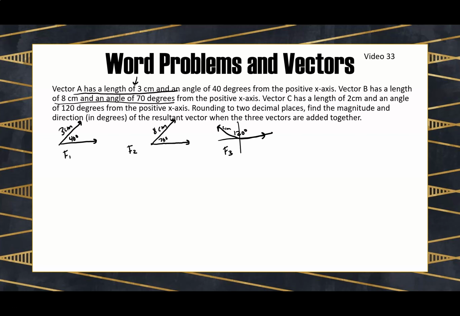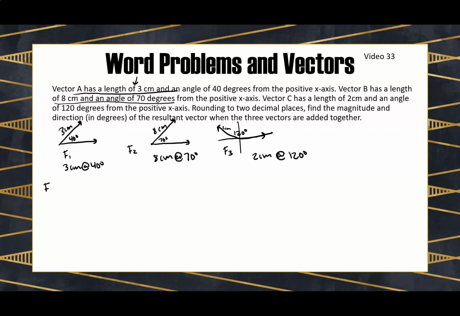All right, so here I'm going to say that we're at 3 centimeters at 40 degrees. Here we're at 8 centimeters at 70 degrees, and here I'm at 2 centimeters at 120 degrees. So let's find F1.